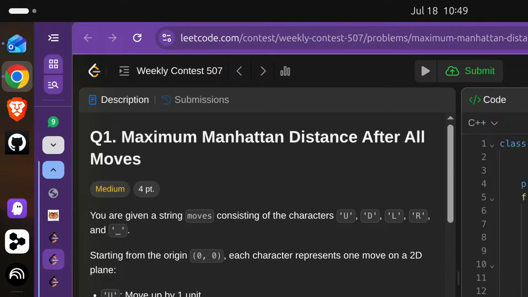And the right: I am just calculating left, right. f of moves comma i plus 1 comma x plus 1 comma y. And then return max of up comma max of down comma max of left comma right, like this.